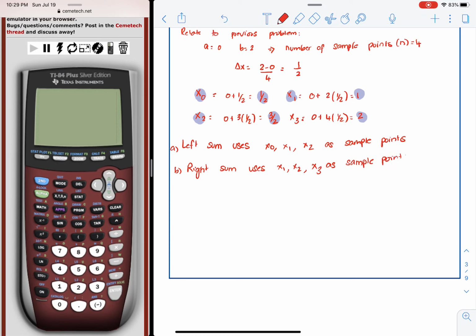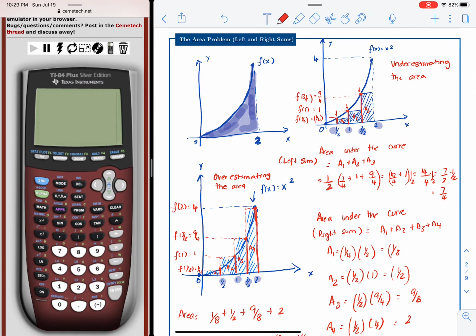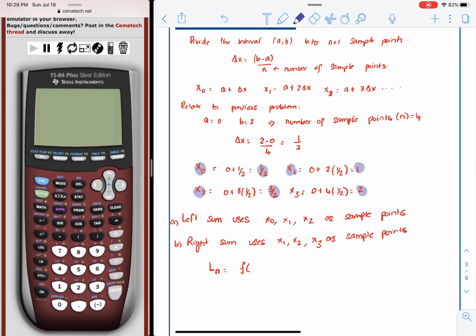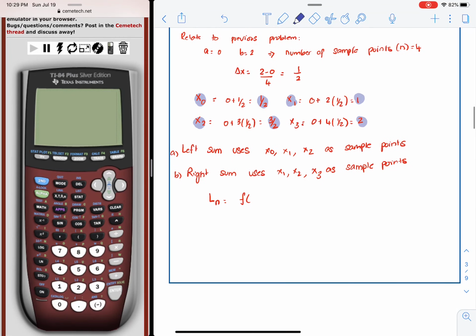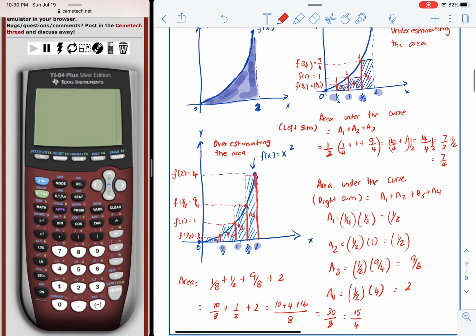Now, what we did is we found the area, and the area was evaluated by finding the height and multiplying it by the width. Now the width in our case is fixed, and we call it delta x. The height, we used the function to evaluate it. So for the left sum, going to formalize it, I'll call it L4. That 4 indicates the number of sample points that we have, 4 sample points.